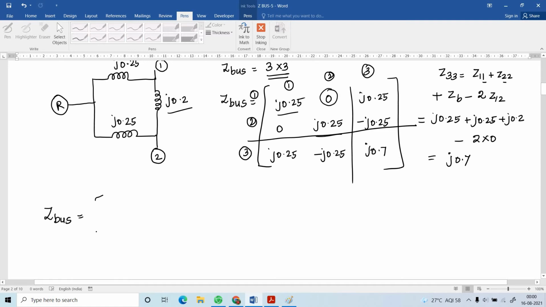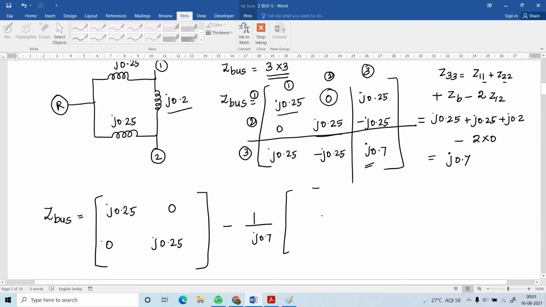So ZBUS equal to, first of all, I have to write this old matrix, that is J0.25, 0, 0, J0.25. Then minus 1 by J0.7. You have to write this term first.